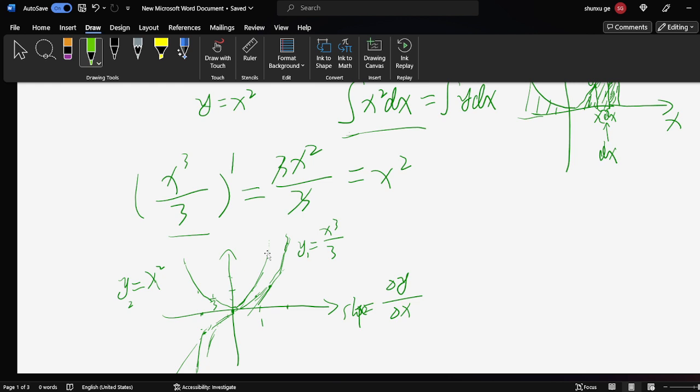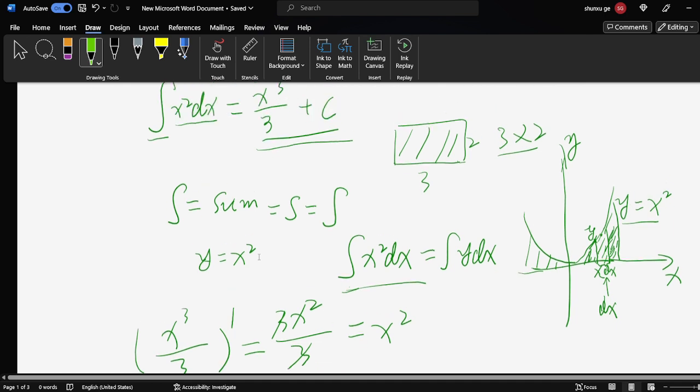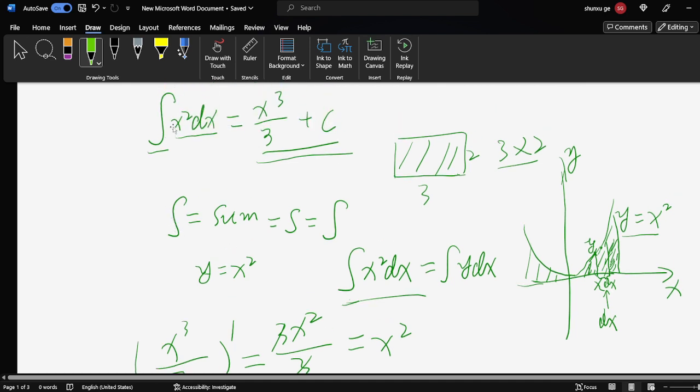But don't be scared about calculus. You can learn it from high school, even from elementary school. Okay, no problem. Just start very easy, step by step. If you understand everything, you know it's very easy. So now I think you can understand.